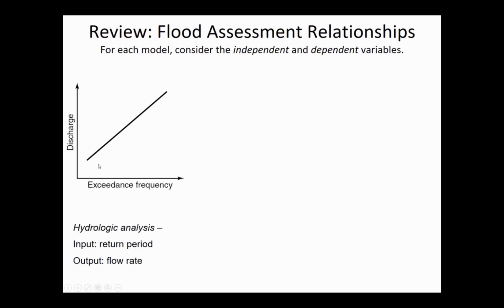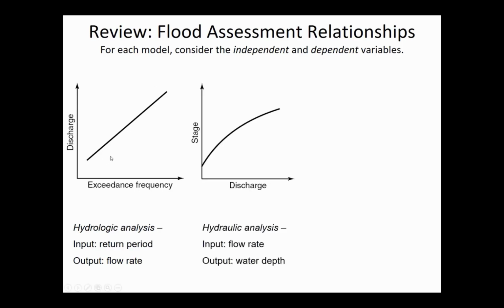You could do it for the 2-year, the 5-year, the 10-year, the 25-year, and then you could make a curve that connects all of those flow rates. So now you've got a model that connects the discharge versus return period. And what comes out of that is the flow rate.